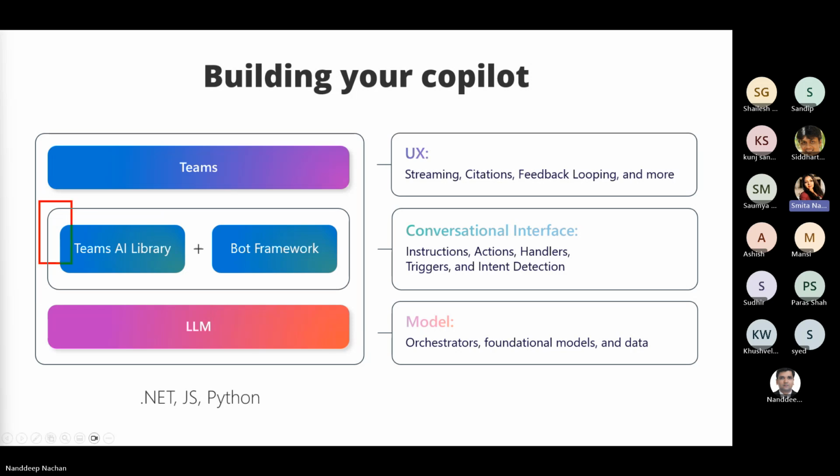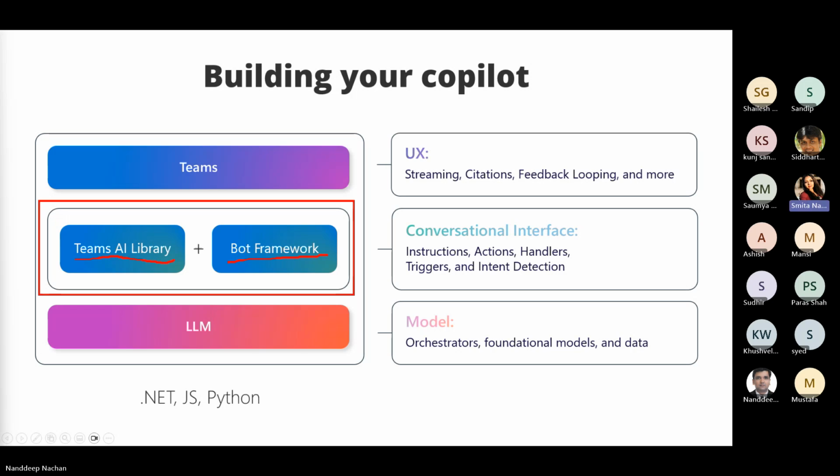The second one is the Teams AI library and the bot framework. So when it comes to the Teams AI library, it is a set of capabilities and utilities specifically designed to work within the Teams environment, helping to build the intelligent responses and manage the conversations. For the bot framework, the Microsoft tool for building conversational agents, it enables the Copilot to handle the dialogue flows, respond to user messages, and integrate with the Teams features.